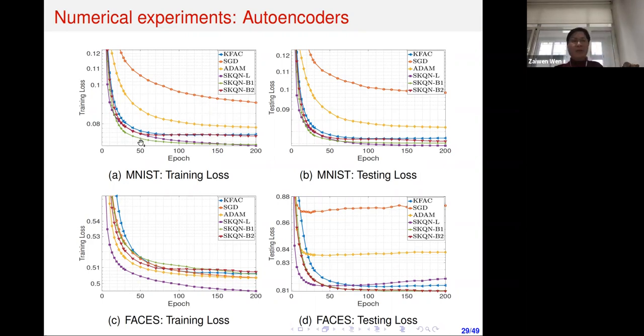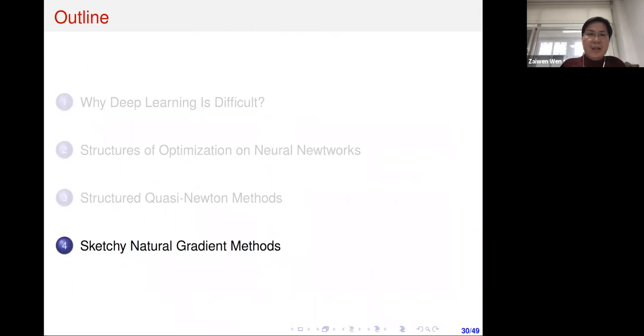From those figures, we can see that our quasi-Newton method can be better than KFAC, and also SGD and Adam. So this is our quasi-Newton method. Next I will show you a few methods based on the natural gradient direction.